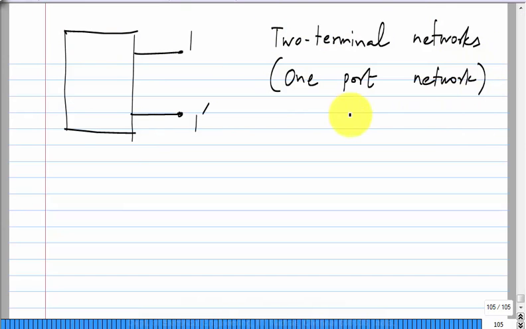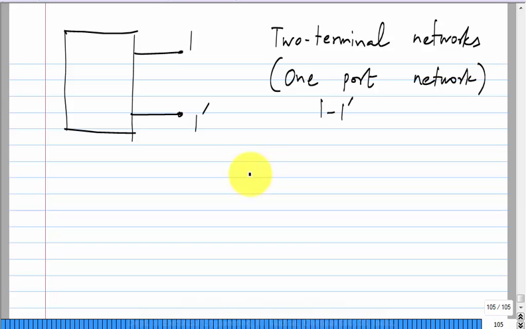One port means that there is one place where you can connect a source. Port is just a door for power or anything that you want to connect. So, this is a one port network, and this one port is 1 1 prime. That is where you can connect a source. This one we know very well. We know when it has independent sources and resistances, how to represent it and so on.